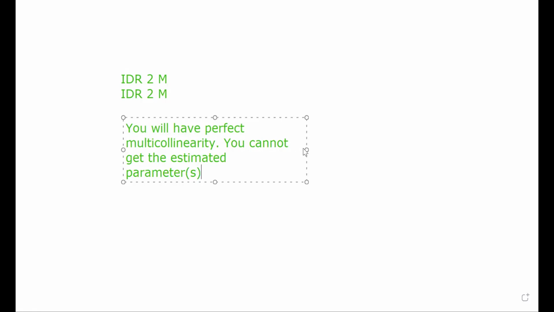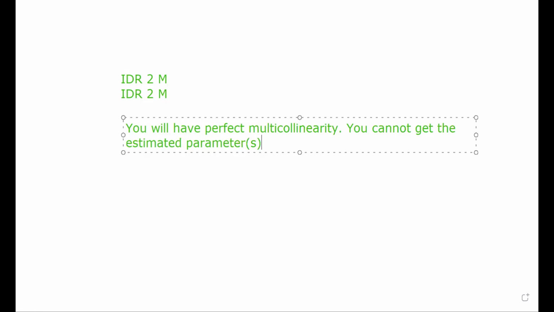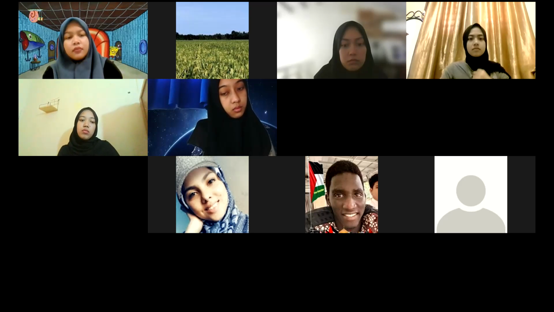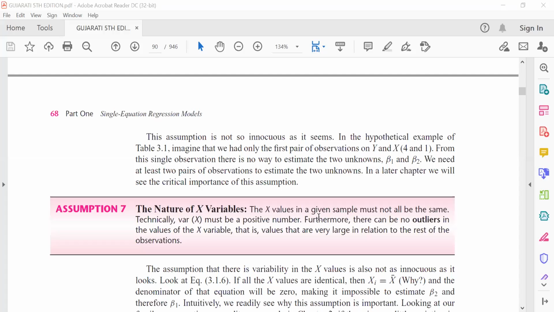Okay, this one is the problem of the sample, the same sample value. The X value in a given sample must not all be the same. If you have the same sample, it means you have the biggest problem.